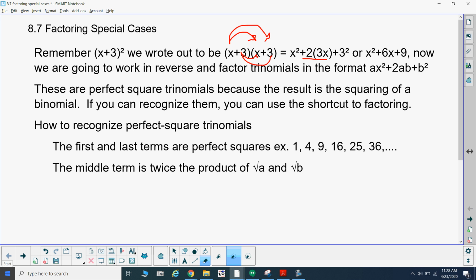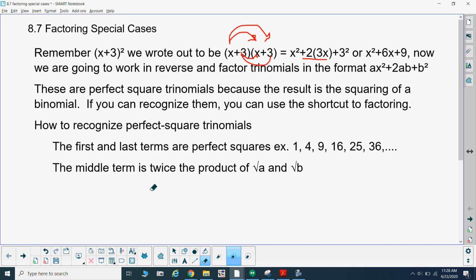You can recognize them, and you can use a shortcut for factoring. How do you recognize that they're perfect squares? First of all, the first and last terms have to be perfect square numbers. Those are numbers like 1, because 1 squared is 1, 4, because 2 squared is 4, 3 squared is 9, 4 squared is 16, 5 squared is 25, 6 squared is 36, and on and on.